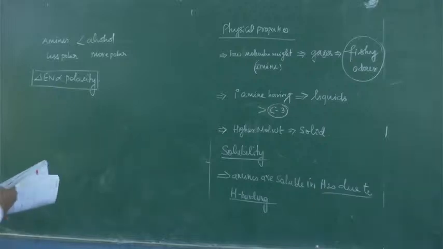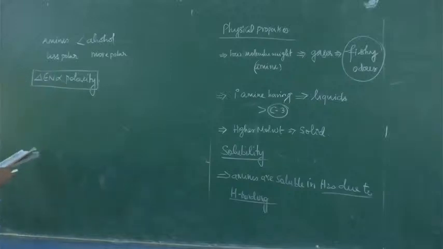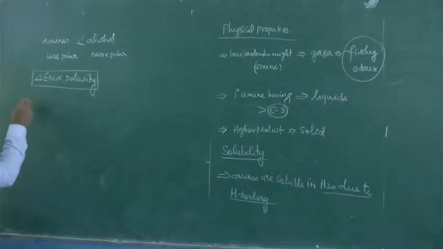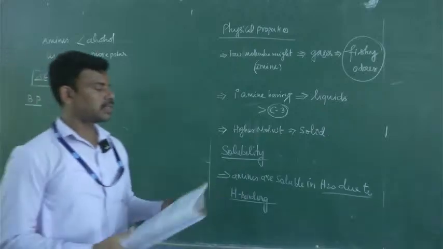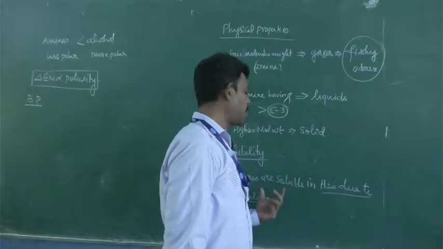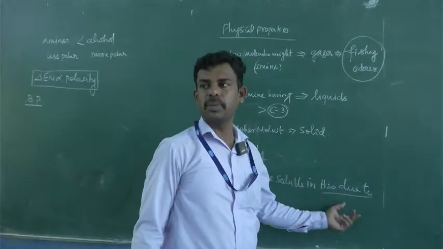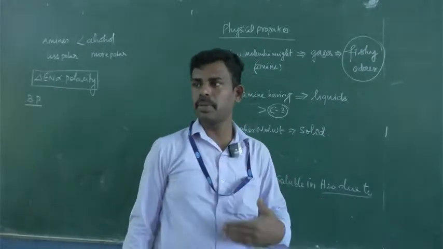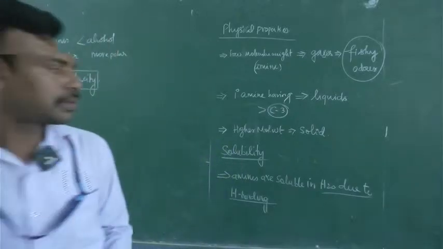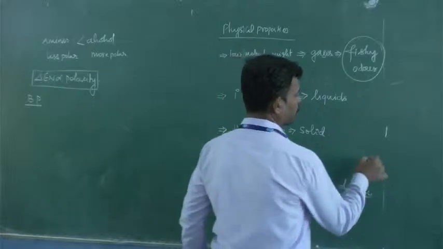Next we have to go for boiling points. So we discussed solubility. Again, amines having lower molecular mass are going to be soluble in water. As molecular mass increases, solubility decreases. Why?